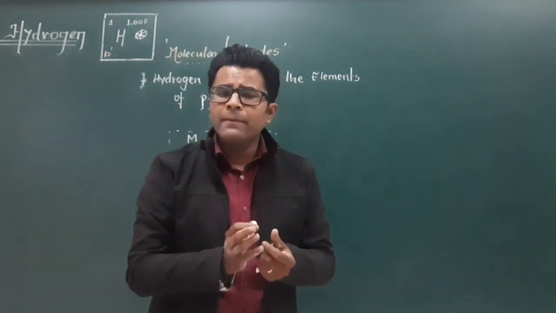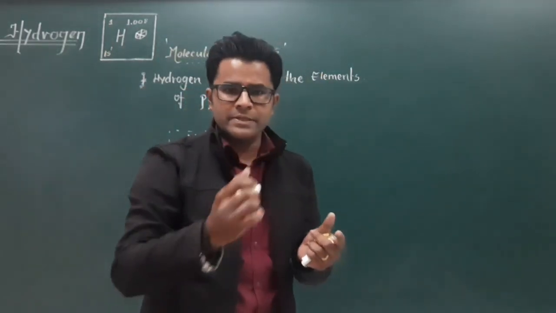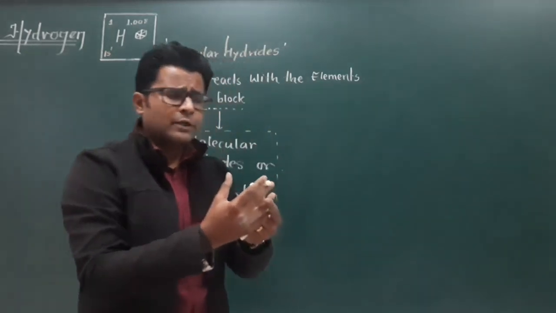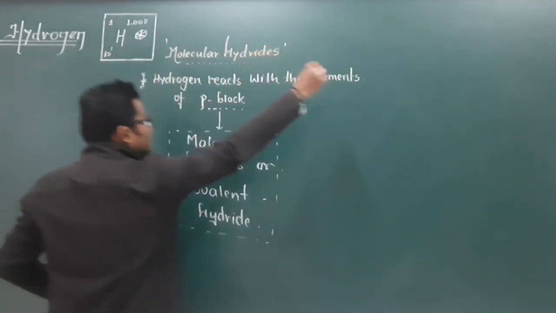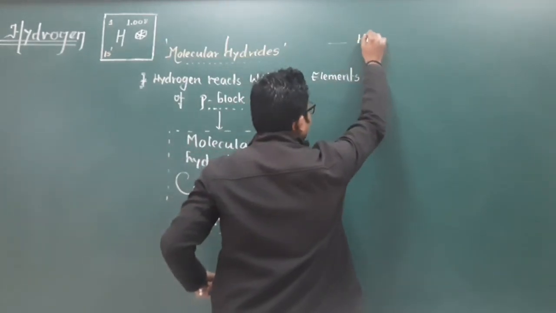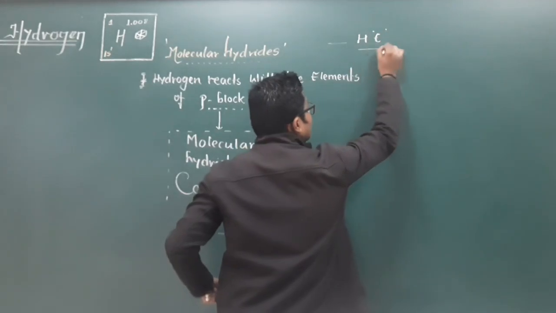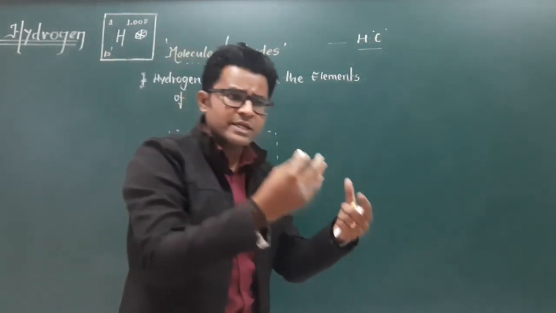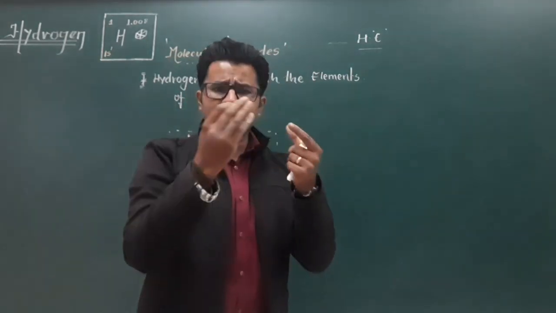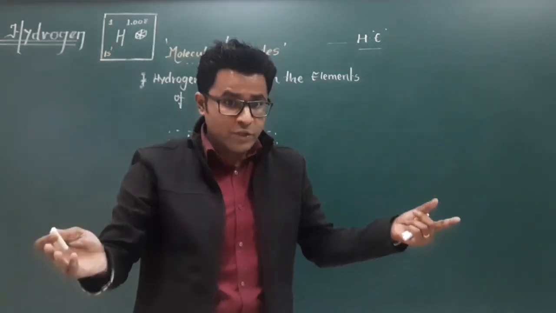It all depends upon how many electrons are present between the hydrogen and the particular element. Whether the electrons are sufficient, whether the electrons are precisely what is required, or whether the electrons are deficient.